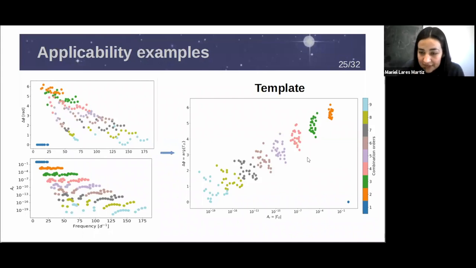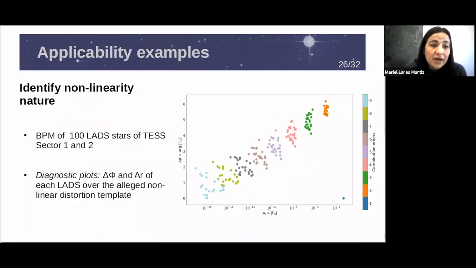So this template, when we see this, I tried to develop some applicability for this template, so we could check whether we could identify the combination frequencies from the low amplitude Delta Scuti stars in their power spectra.